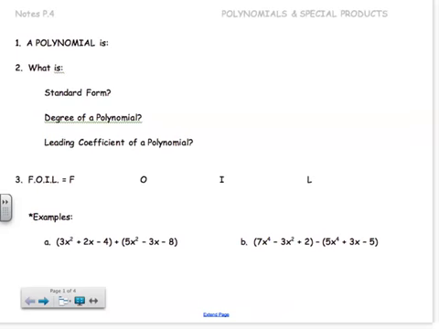So let's say that we have 16x minus 8x to the fifth plus 7x to the third minus 14x squared minus 5x to the fourth plus 3 plus 20x to the sixth. So there's a polynomial.